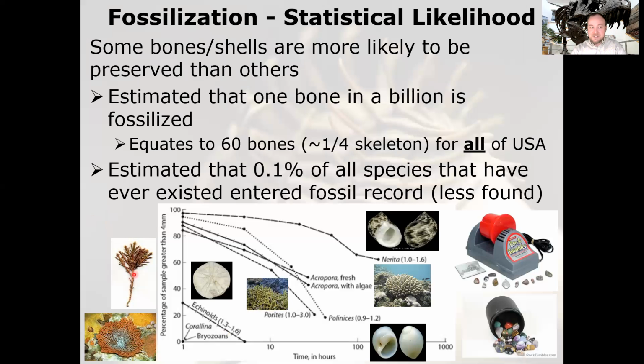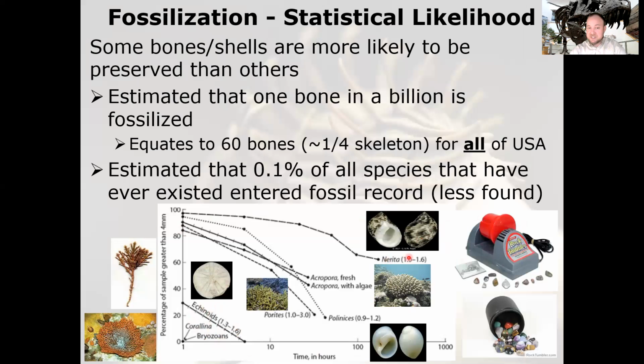And this is just kind of a graph over time of bone material, shell material that was tumbled along a river. They used a rock tumbler. If you were a kid, you throw jagged rocks in here. The barrel spins around with some sand in there. It polishes them straight. Delicate things like bryozoans, corals, echinoids like sand dollars, they break up very quickly.